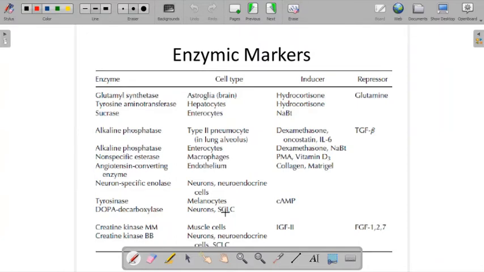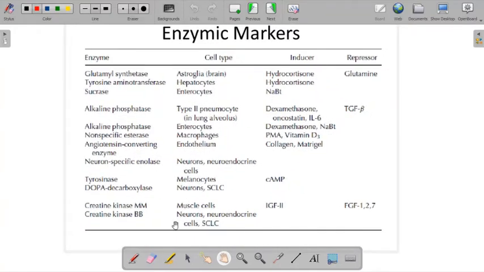The enzymatic marker, we'll see first of all, which is very interesting right now. If you see, there is an enzyme called glutamyl synthetase. Is it a repressor or inducer? This enzyme basically helps in cellular metabolism.